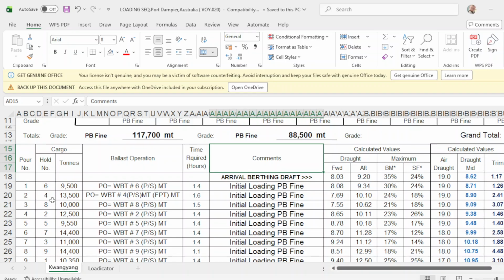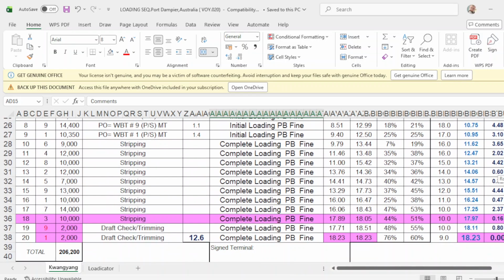For example, if you load 9,500 in hold number 6, the bending moment is 30% and shearing force is 24%. Then in pour number 3, you load in number 8 of 10,000, and his bending moment is 21% and shearing force is 18%, I'm sorry, percentage.